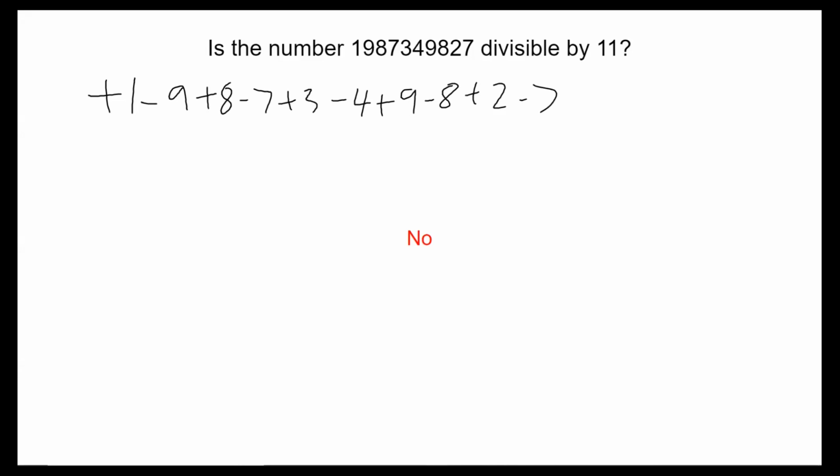Plus 9 and plus 2 add up to an 11, so that doesn't change the end result. You have a plus 8 and a plus 3, which also doesn't change the end result. Minus 7 and minus 4 doesn't change the end result because it combines to a multiple of 11. You are just left with 1 minus 9 minus 8 minus 7. If you calculate this, it's not a multiple of 11, which means the answer is no.